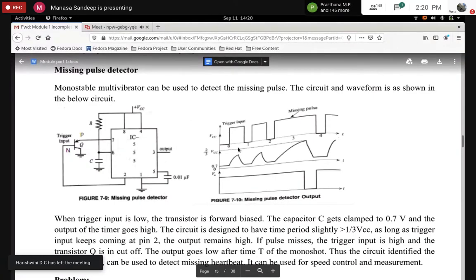In this you can see this n is the base, right? This n is connected to pin number 2. What is pin number 2? Pin number 2 is the trigger, correct?